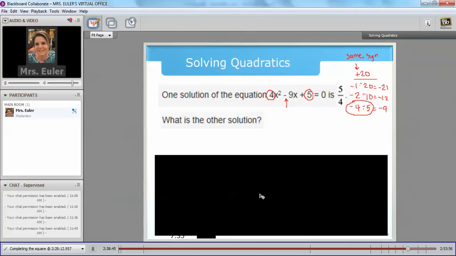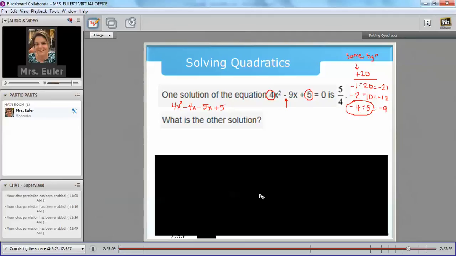Like this. 4x squared minus 4x minus 5x plus 5. Notice all I did, I kept the first term, I kept the last term, but I rewrote that middle term and I split it into negative 4x and negative 5x.